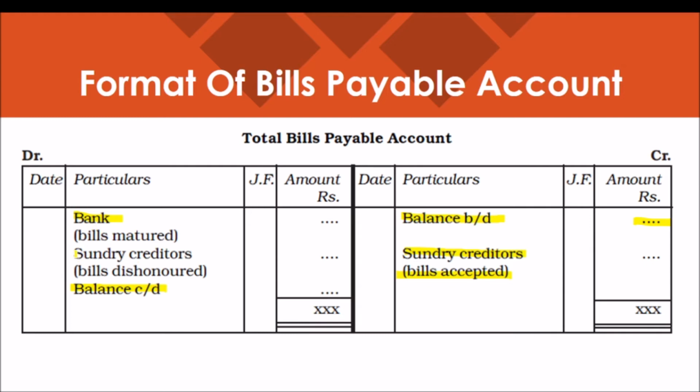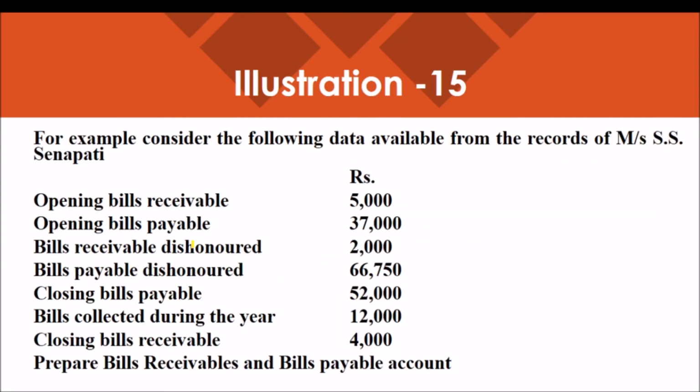If the bill is dishonored, we will record sundry creditors in the debit side. So this is also used to find out the missing figures like bills payable amount, that we are recording in the balance sheet. Using this question, you will get the explanation regarding practical experience in the preparation of those two accounts.